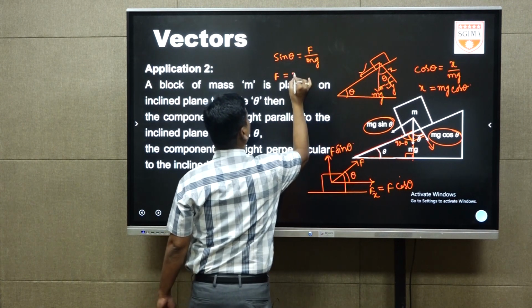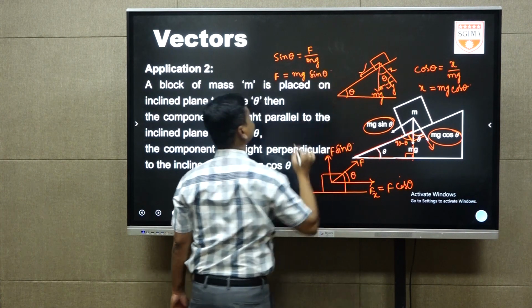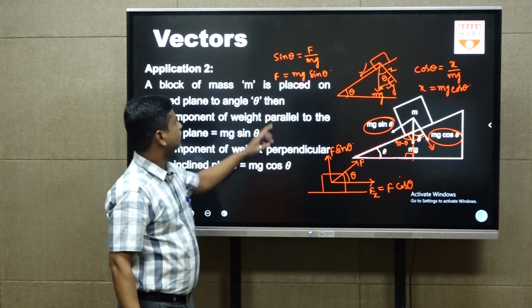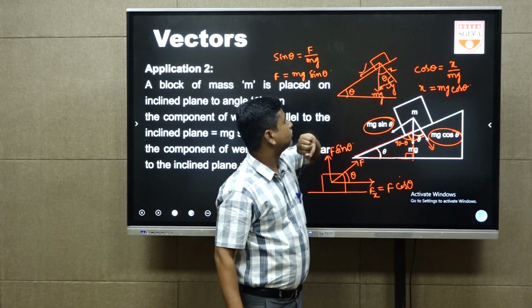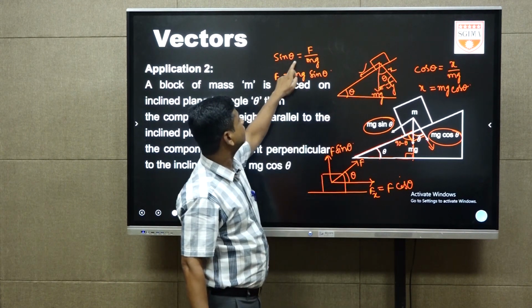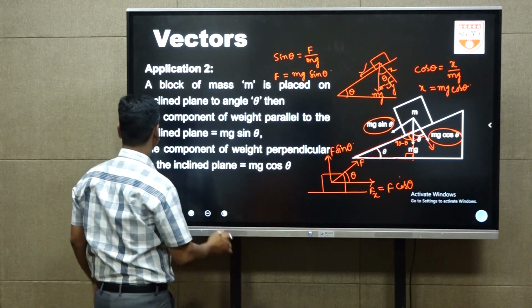Then f equals mg sine theta. For theta, opposite is y and adjacent is x. That's why sine theta equals f by mg, then f equals mg sine theta.